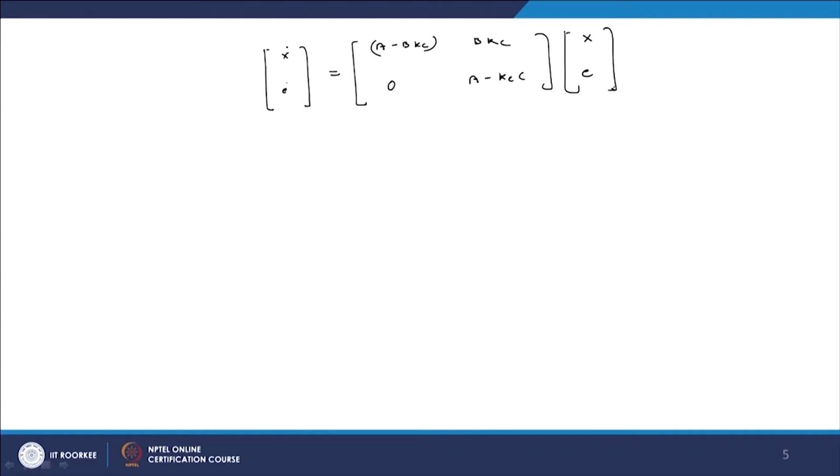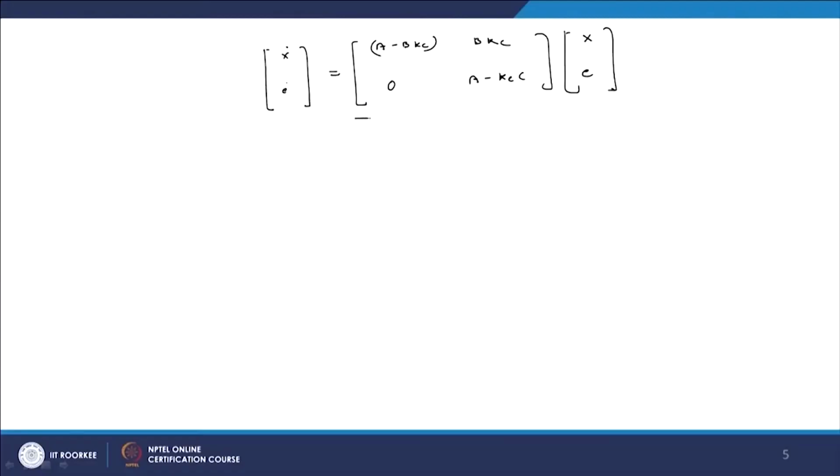Now, we have got an equation in terms of x dot and E dot, and now we want to determine the response, check the stability, or determine the eigenvalues. We have to consider these equations. This is similar to our equation, let us say x dot equal to Ax, where A is like this. That means we have to determine the characteristic equation for this system.